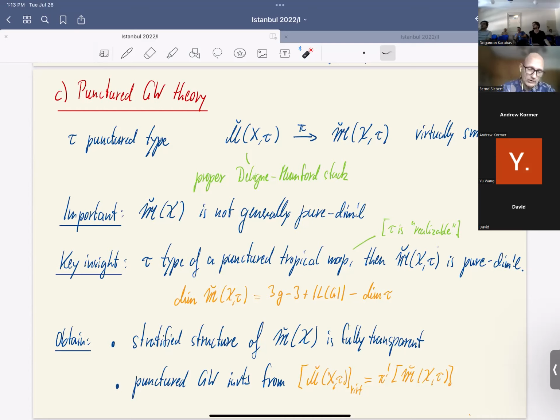Actually, I wanted to add this example, but I didn't. If you blow up a point, you have this exceptional curve of degree -1. Then you look at P1 mapping into it, and you try to make this into a log map.